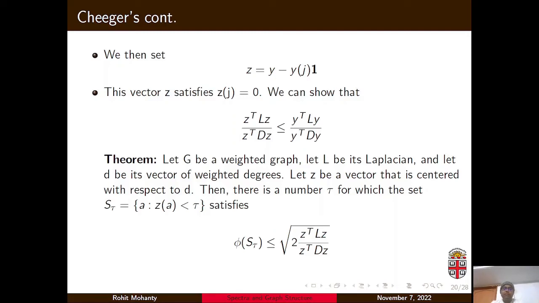Now let's discuss a theorem that can actually give us an upper bound on the conductance of S tau.